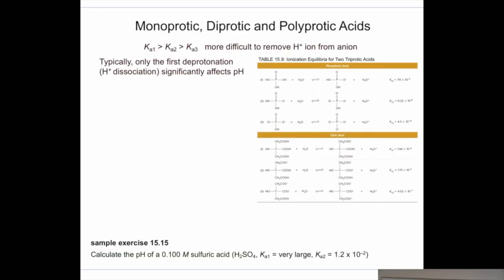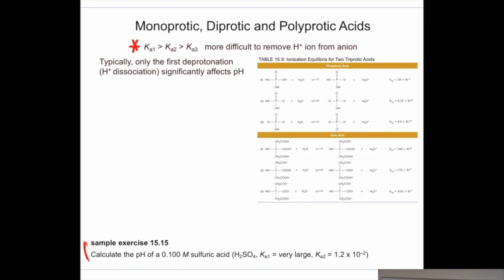Well, let's take a look at sulfuric acid. I want to emphasize this learning outcome right here. And we're going to do this problem from the textbook. We're going to take 0.1 molar sulfuric acid, and we're going to calculate what the pH is.